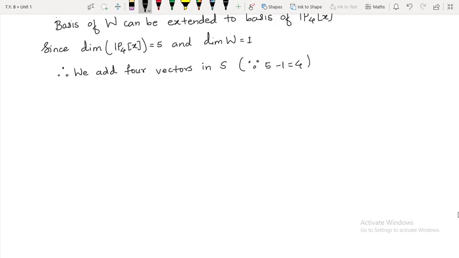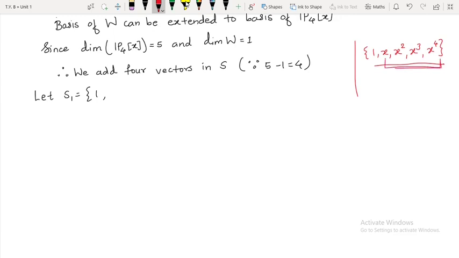So let S1 be equal to, now one vector will already be there. What will be the other 4 vectors? We already know that 1, x, x square, x cube, x raised to 4 is the standard basis of P4 of x. So which vectors are missing? Those are the vectors we are going to add in S1.